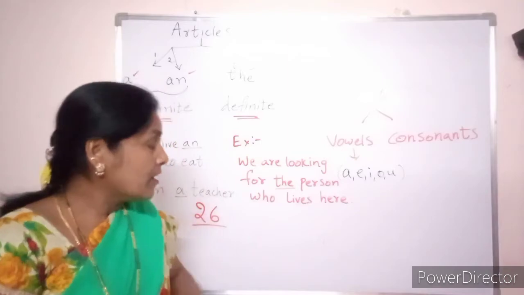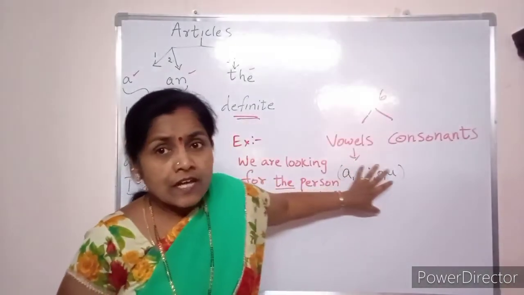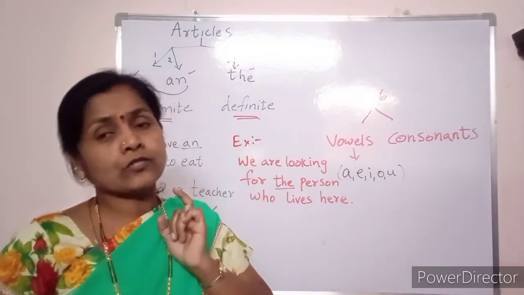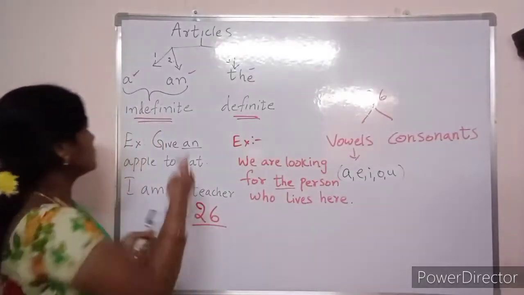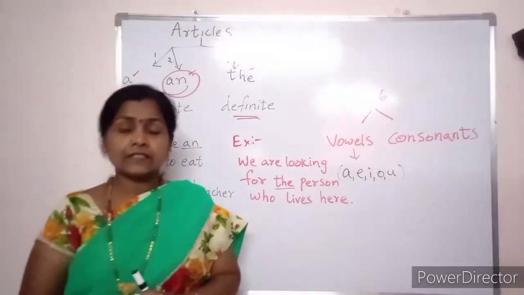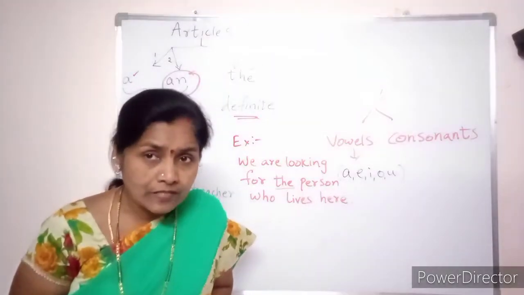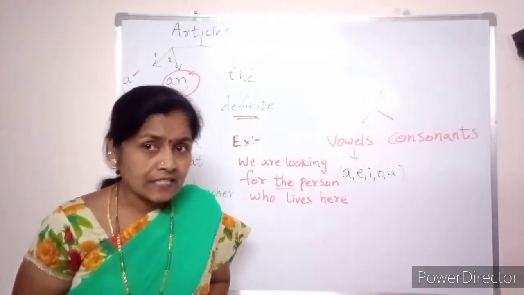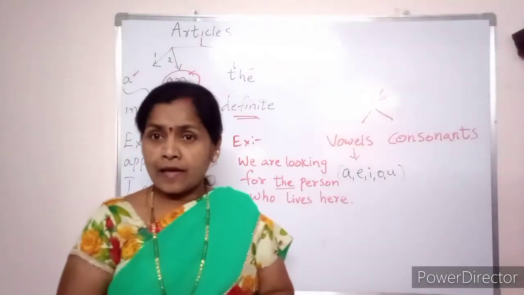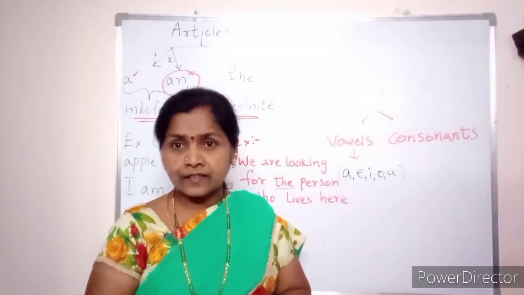Now listen carefully. When words begin with a vowel sound, before those words we have to use an. For example, an apple, an umbrella, an egg.